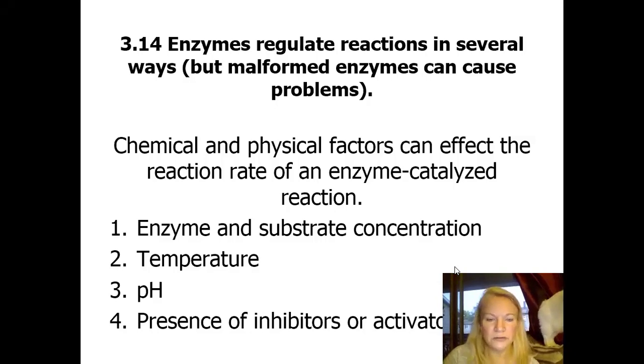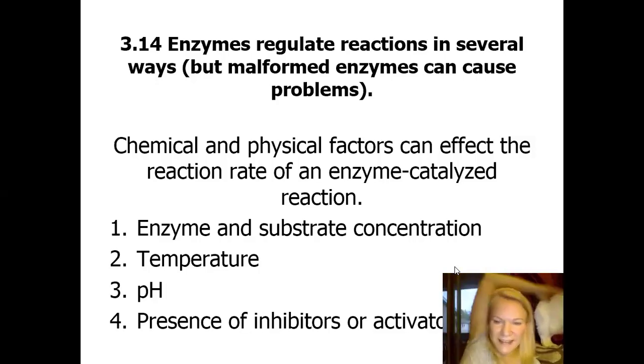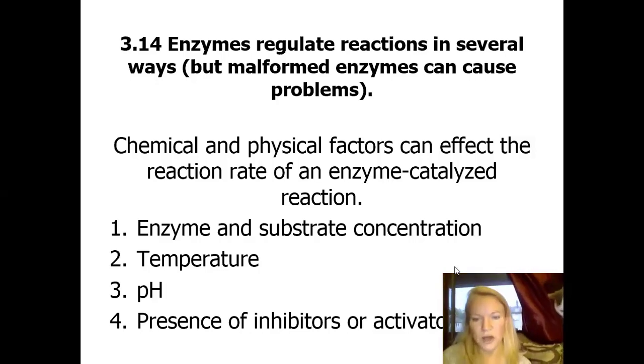And then pH, right? So there's a pH range that all metabolic processes prefer, or work best under. And if it's too acidic or too basic, that can be a problem. And then the presence of inhibitors or activators. So it just depends. There are other things that can actually help enzymes or slow them down or actually tell the process to stop.